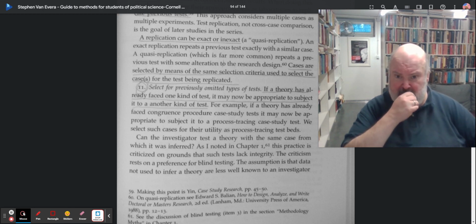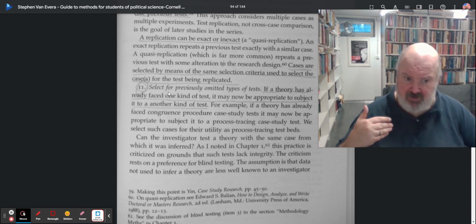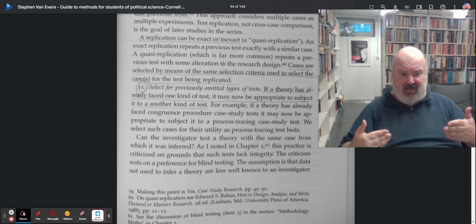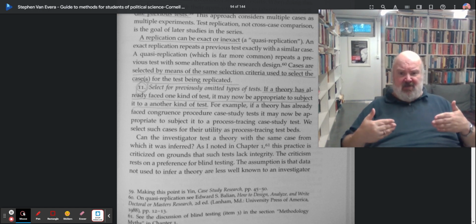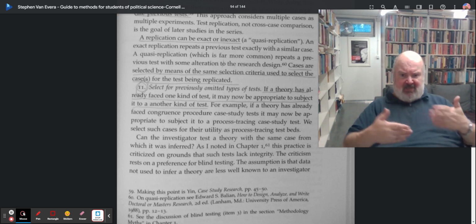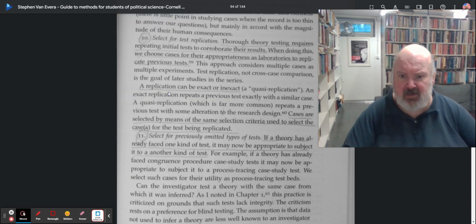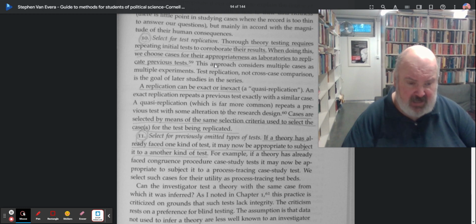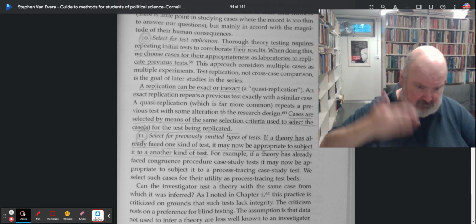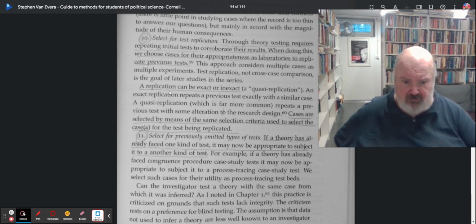So it's tied to the type of test you're going to be using. Different tests suit different cases, but if you're doing replication, you're using the same kind of test over multiple different cases. That's the way you do it. Again, this is test replication: take the same test and use it to replicate.